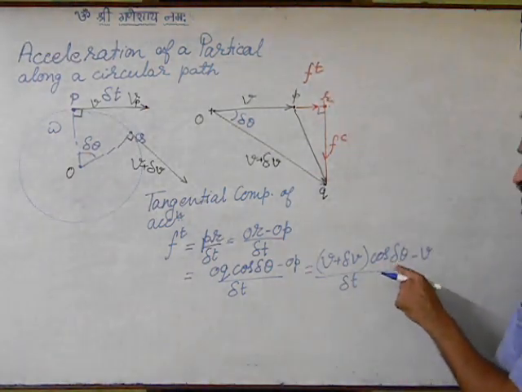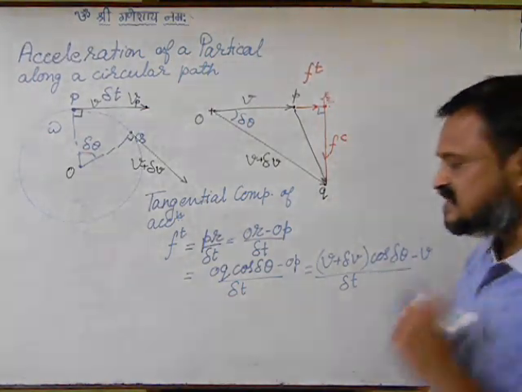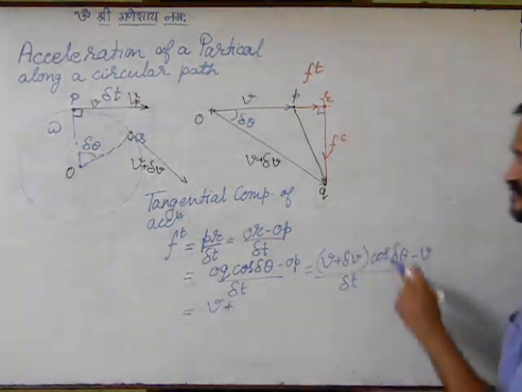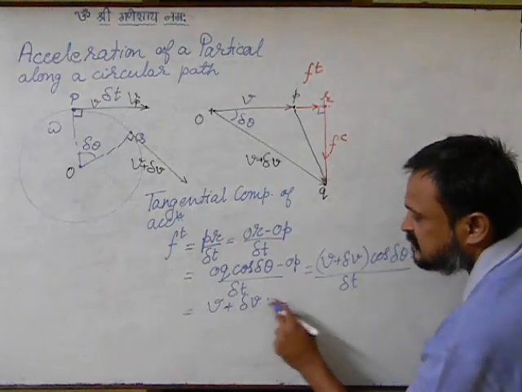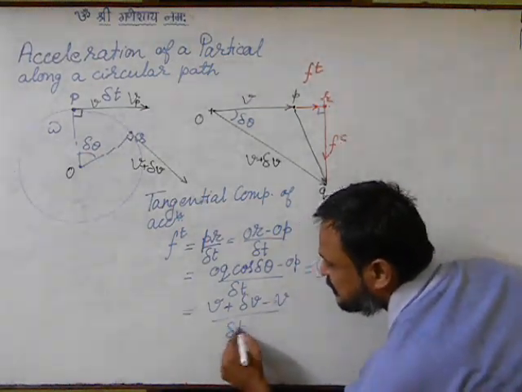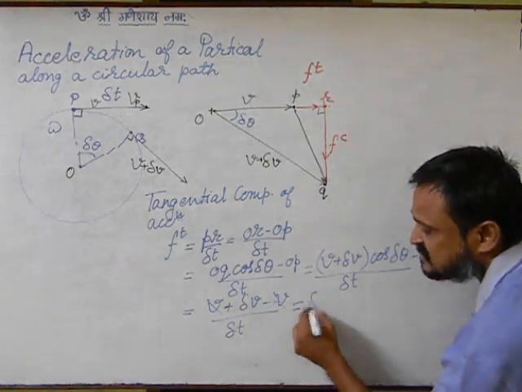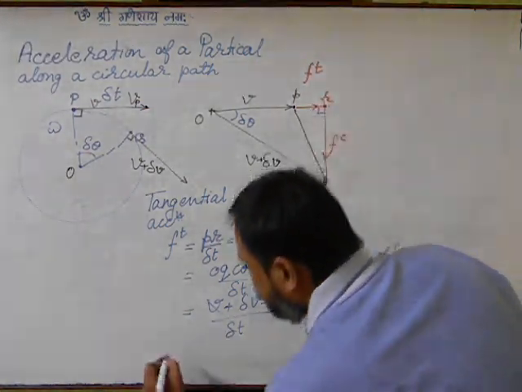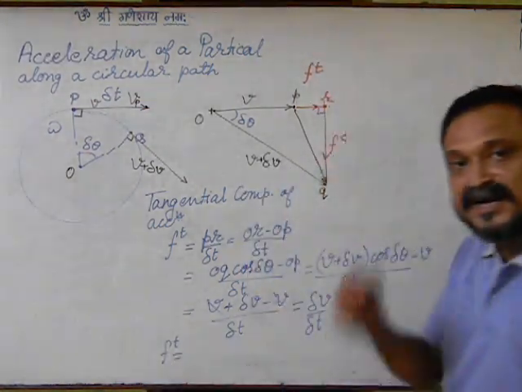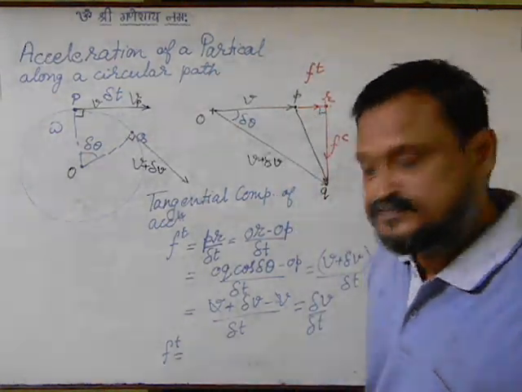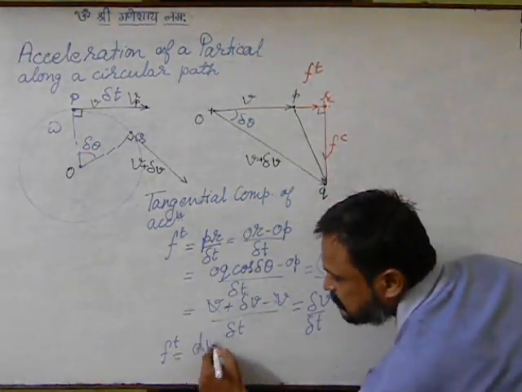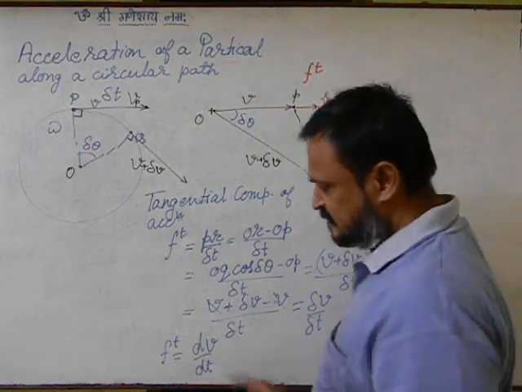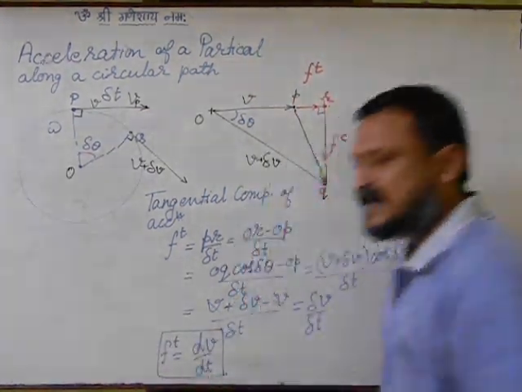Now when theta is very small, cos theta is 1, so if I apply these conditions it will be V plus del V minus V upon del T. So this gets cancelled, and I get del V by del T. If I apply the limit conditions, I get the tangential component of acceleration to be equal to dV by dt.